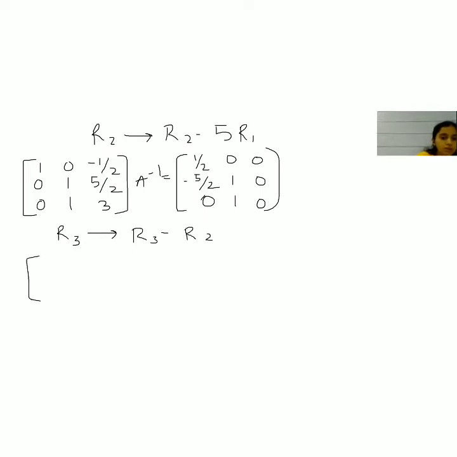So we have 1, 0, minus half, 0, 1, 5 upon 2, and R3 is changing. So 0 minus 0 is 0, 1 minus 1 is 0, and 3 minus 5 by 2, that is 6 minus 5 by 2, which is 1 by 2.